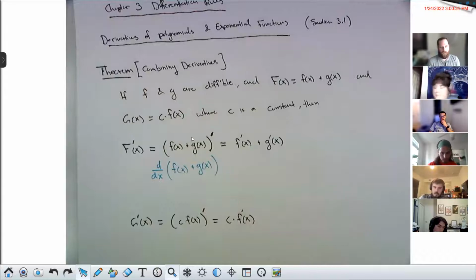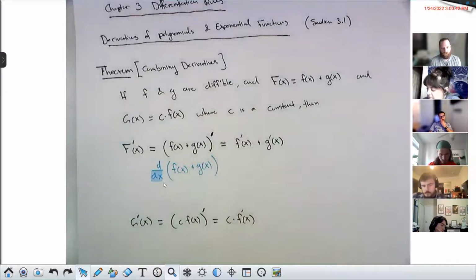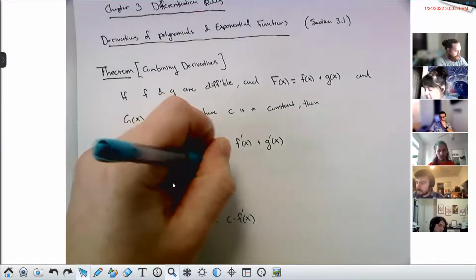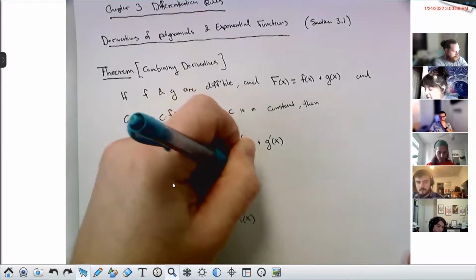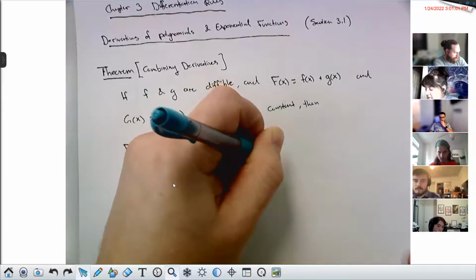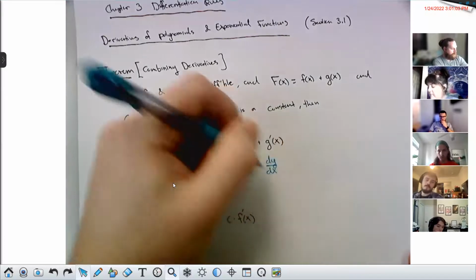So instead of writing a big prime here, you can put the symbol d divided by dx out front. This says, take the derivative with respect to the variable x. This thing is called a differential operator. And you can write the result as follows. Like this.